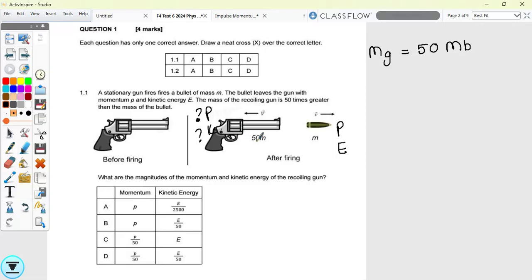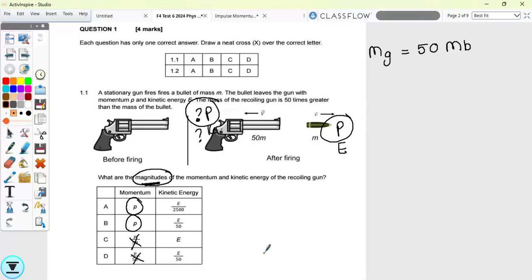So you need to think now, what is the initial momentum here? 0. And this question did say magnitude, so you didn't have to worry that the answers don't have negatives. Now, if this momentum is P, then what would this momentum have to be to give us a 0? Negative P. And because the question is only asking for magnitude, we know that it's going to be either this one or this one. So those two we've already eliminated.